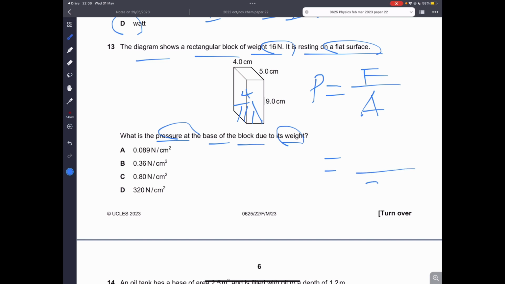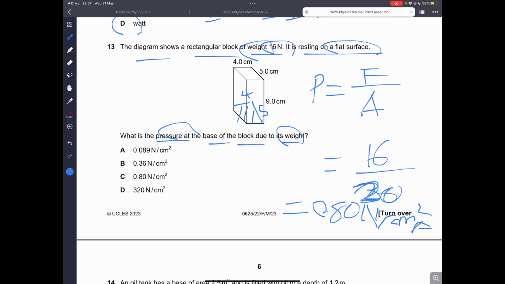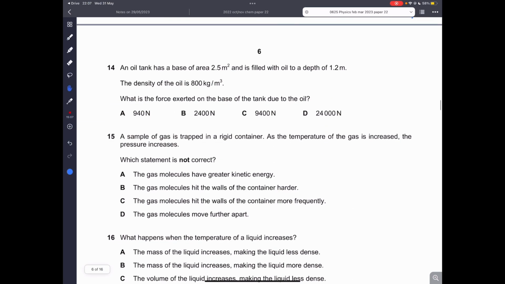And this area seems to be 9 times 4, 36. I'm sorry, 5 times 4, 20. And the force that is exerted is 16, which is its weight. So we will get an answer of 0.80 newton per centimeter squared, and therefore C is a reasonable answer.